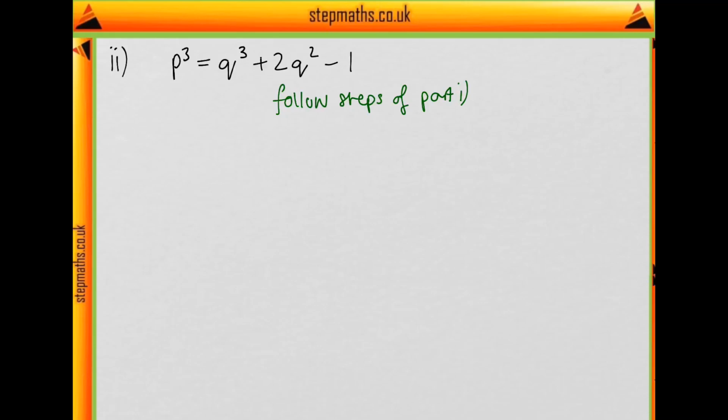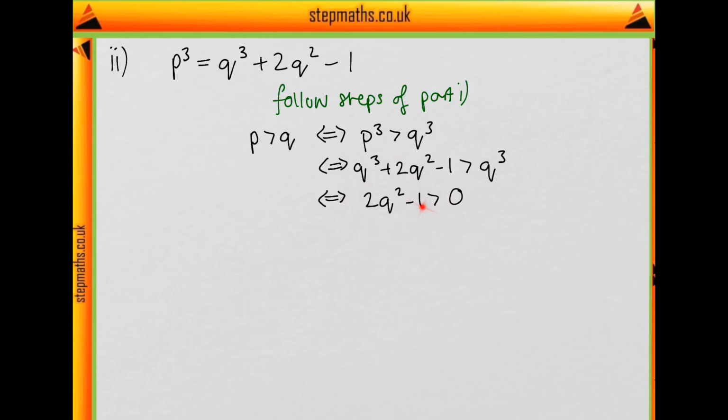So in part I, we first tried to show that m is greater than n. So in this case, let's try and find the range of values for which p is greater than q. p is greater than q is directly equivalent to saying that p cubed is greater than q cubed. And this means that q cubed plus 2q squared minus 1, which is p cubed, is greater than q cubed.